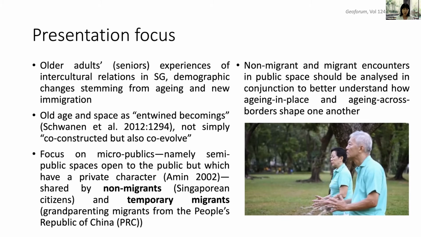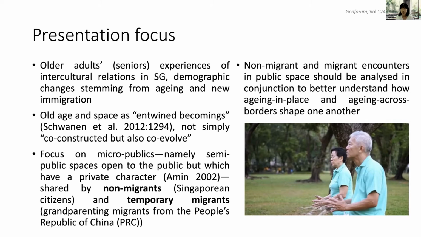Our presentation will focus on the shared spaces that are inhabited by non-migrants, and here I'm referring to Singaporean citizens or Singaporean seniors, and how they occupy shared space with temporary migrants. In particular, the group that we have studied are grandparenting migrants from the People's Republic of China.